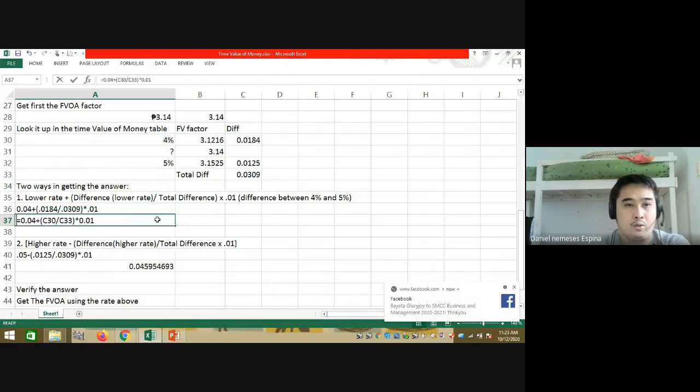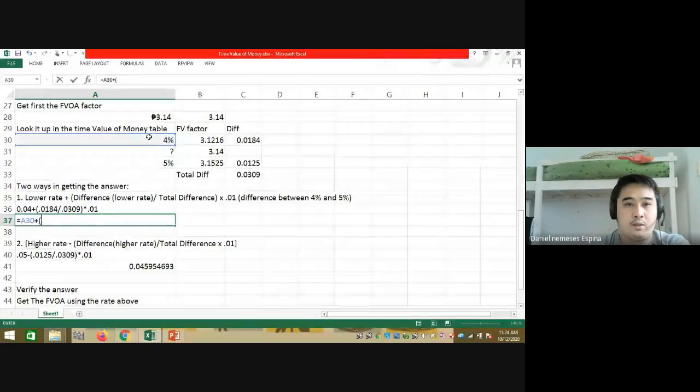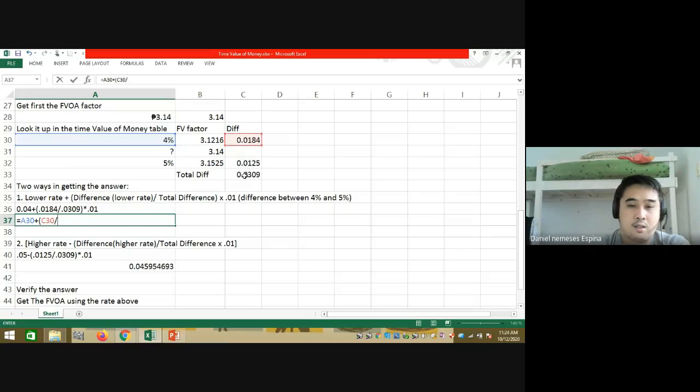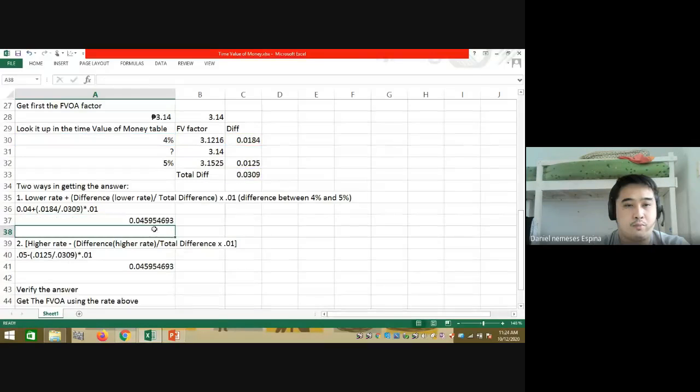So there's already an answer, but I want to show you how it is done. So 4% plus the lower rate difference divided by the total difference, and then multiply it by 0.01.